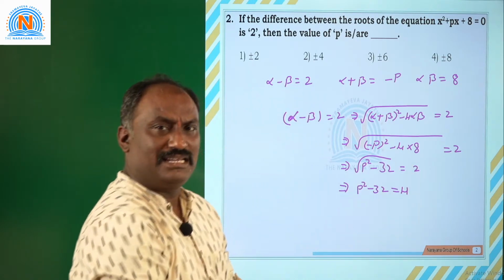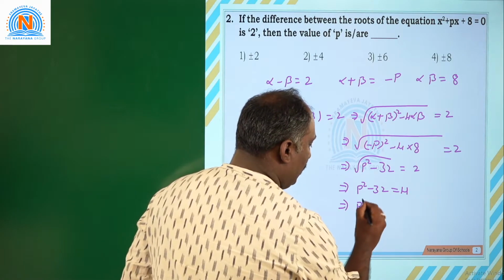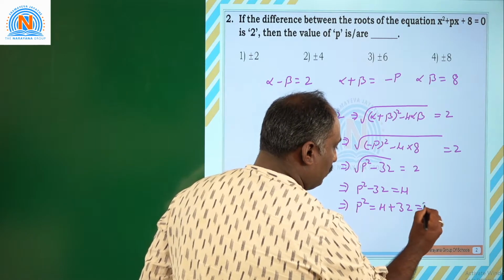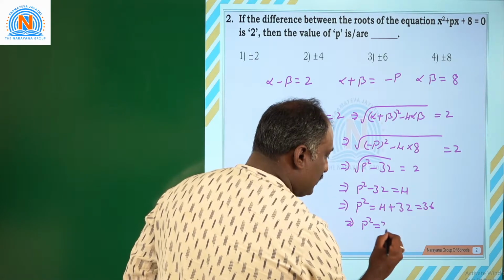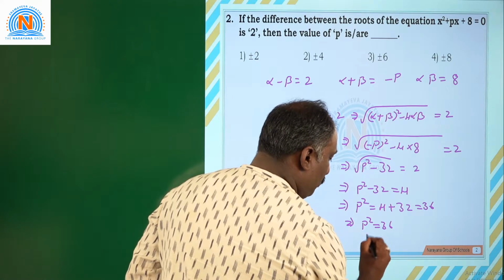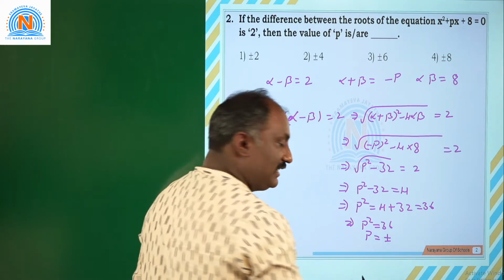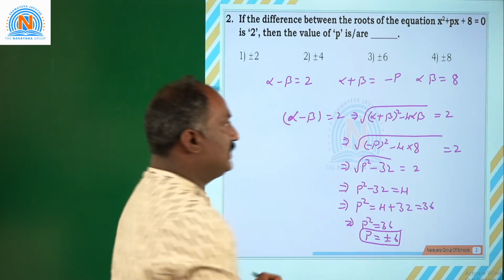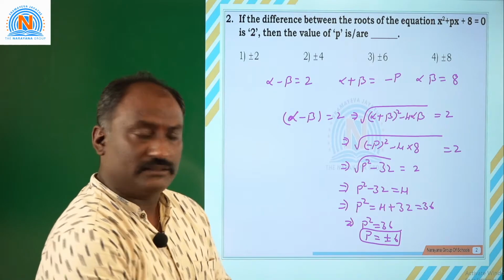Then p square is equal to 4 plus 32, that is 36. Here p square is equal to 36, that is p is equal to plus or minus under root of 6 square, that is 6. So p value is plus or minus 6. So from this we are getting option 3 as the correct one.